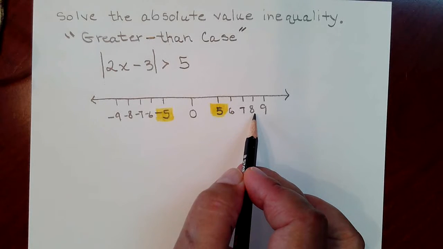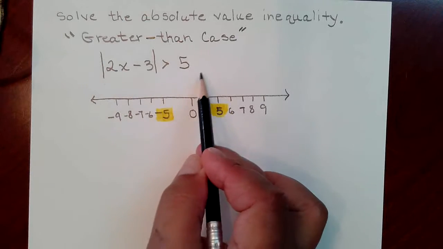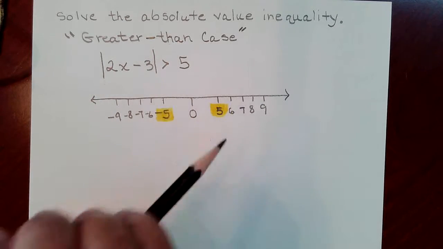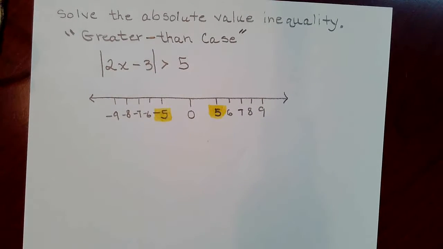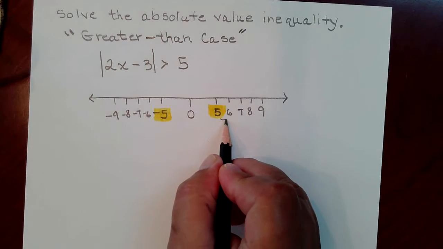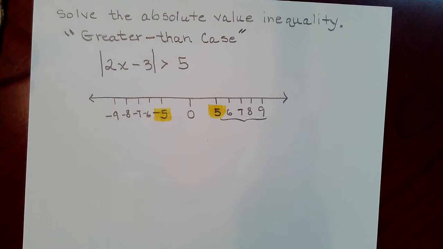So when we do set up this problem, we're going to state that this particular condition of your value having an absolute value greater than 5 is satisfied if you're over here. Anything beyond 5, anything to the right or greater than 5.